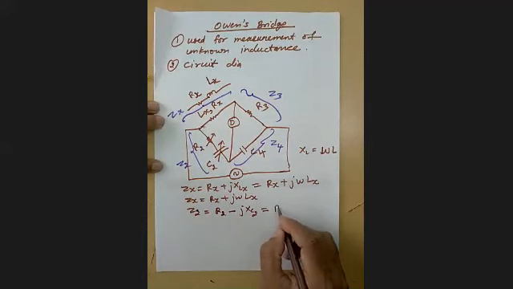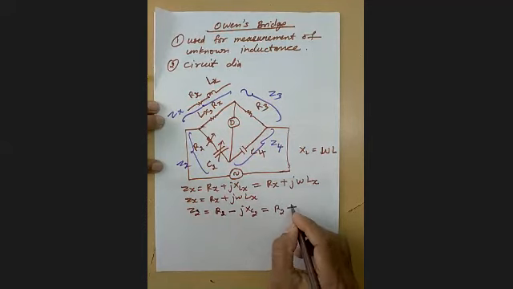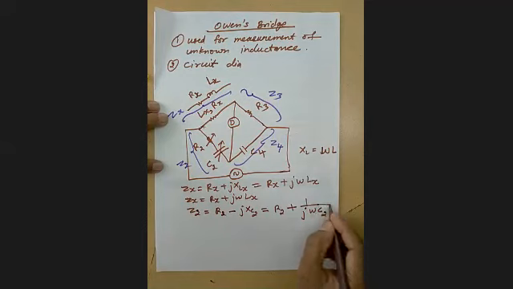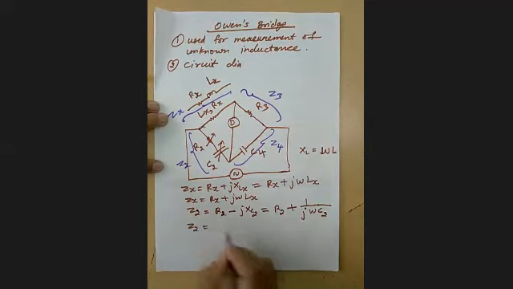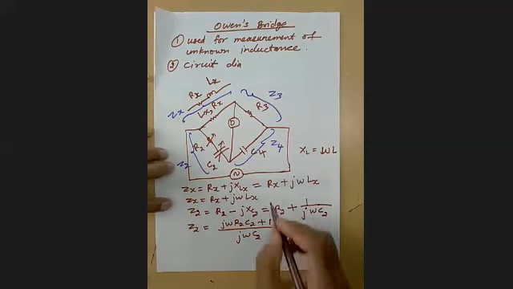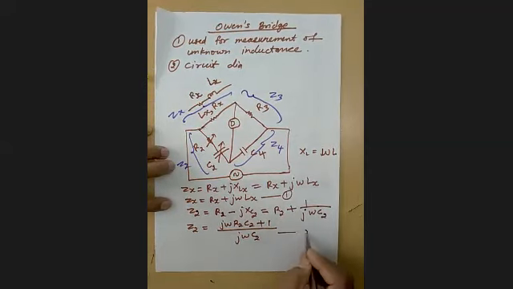R2 plus 1 by j omega C2. Nice. So Z2 equal to, take the LCM here, j omega C2. So this becomes j omega R2 C2 plus 1. Now this is the value of Z2. Let it be equation number 1. Let it be equation number 2.